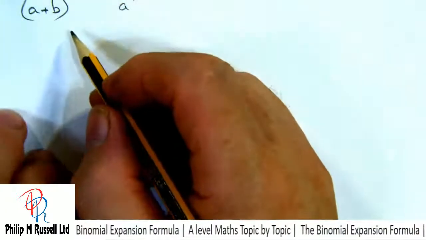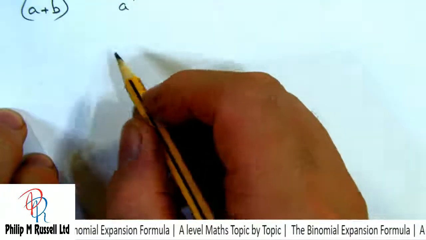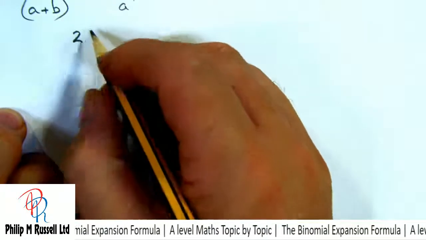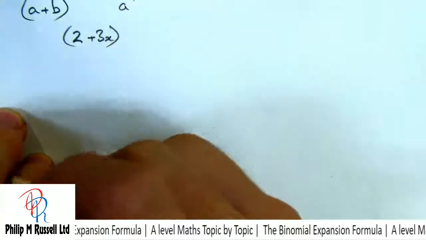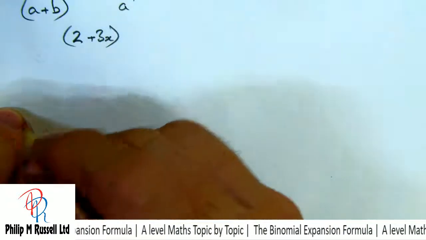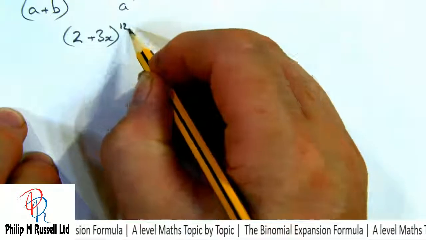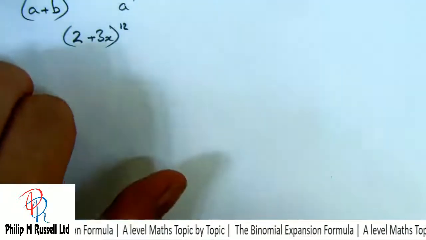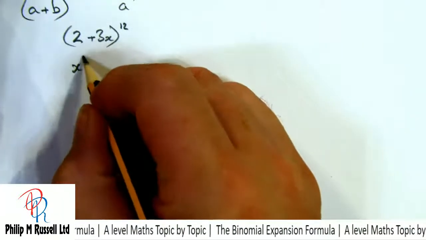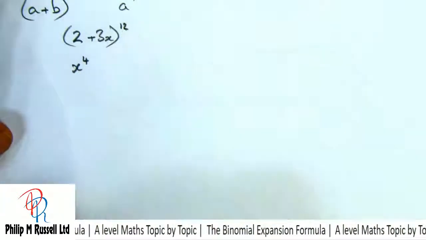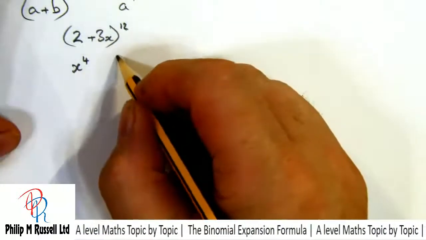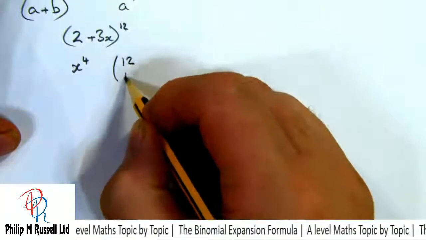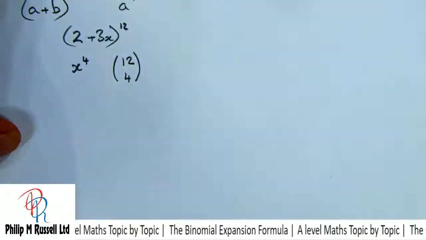So let's have a sum. Let's make one up. Let's go for something like 2 plus 3x, and we can choose what we want to have here. So we could go something like 12, and all I need to do now is to work out what the x to the 4 term is going to be here. So we've got my NCR, which is going to be 12, 4.